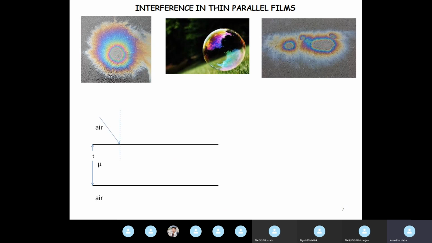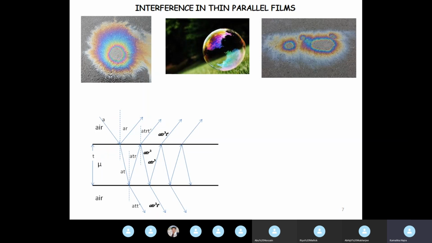So what happens is, when a ray is incident on such a film, it gets partially reflected and partially transmitted, but then this transmitted ray again gets reflected and transmitted, and this process of splitting into reflected and transmitted rays goes on as the film continues.